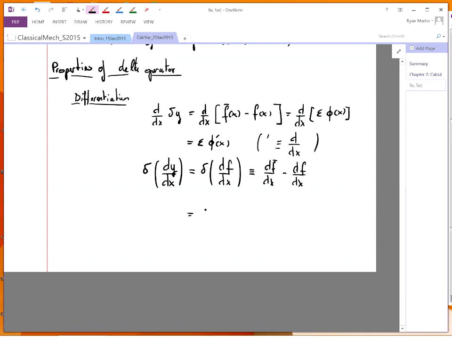So that's equal to, the first term is d by dx of f of x plus epsilon phi of x, that's f bar, minus df by dx. So you can see I'm going to have a df by dx that's going to cancel. And so I'm left with d by dx of epsilon phi x. Again, epsilon's a constant. And so then I get epsilon phi prime of x.